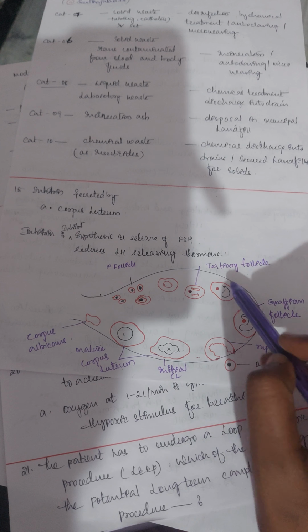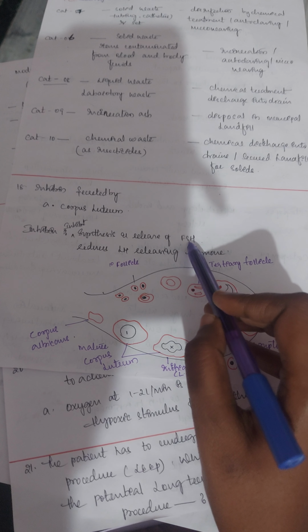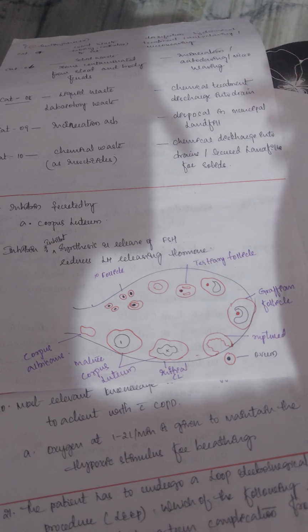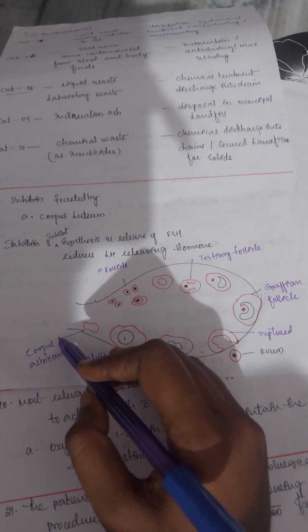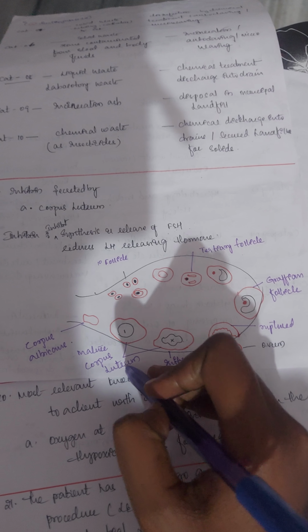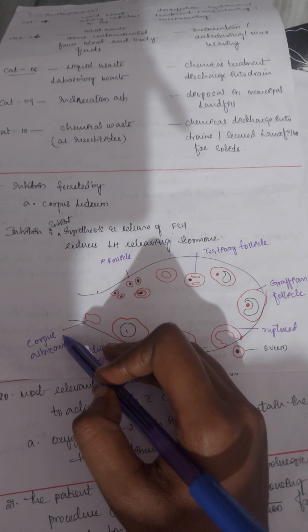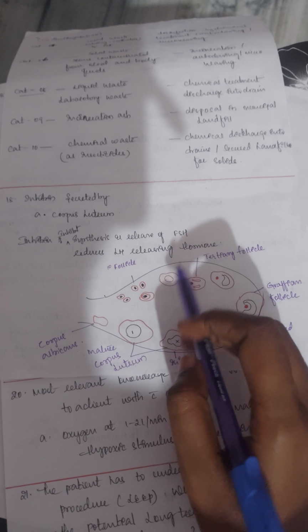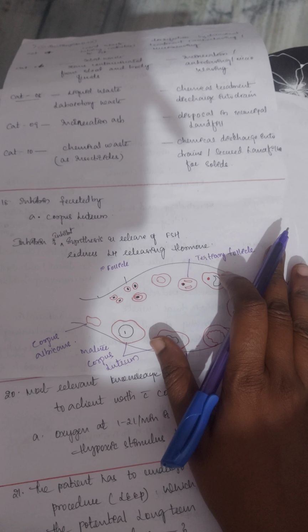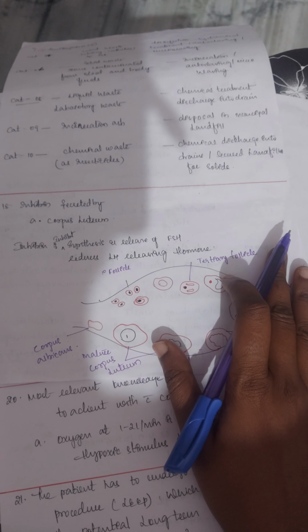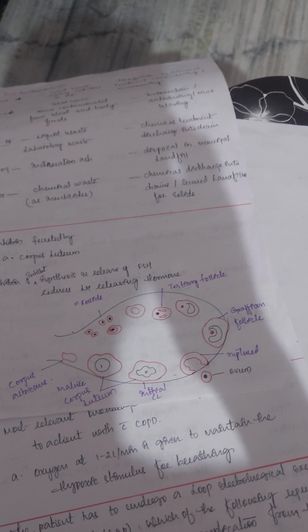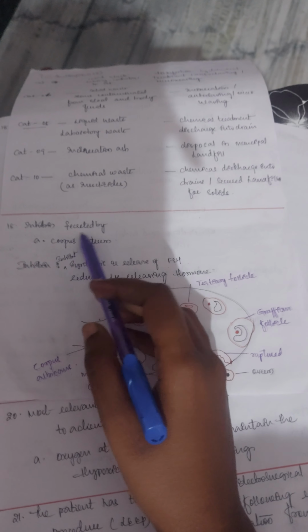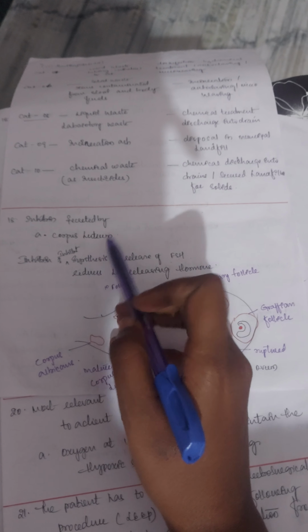After the mature corpus luteum, it forms into corpus albicans. Regarding this structure, in one more class I can explain it to you clearly. Just now you remember inhibin is secreted by the corpus luteum.